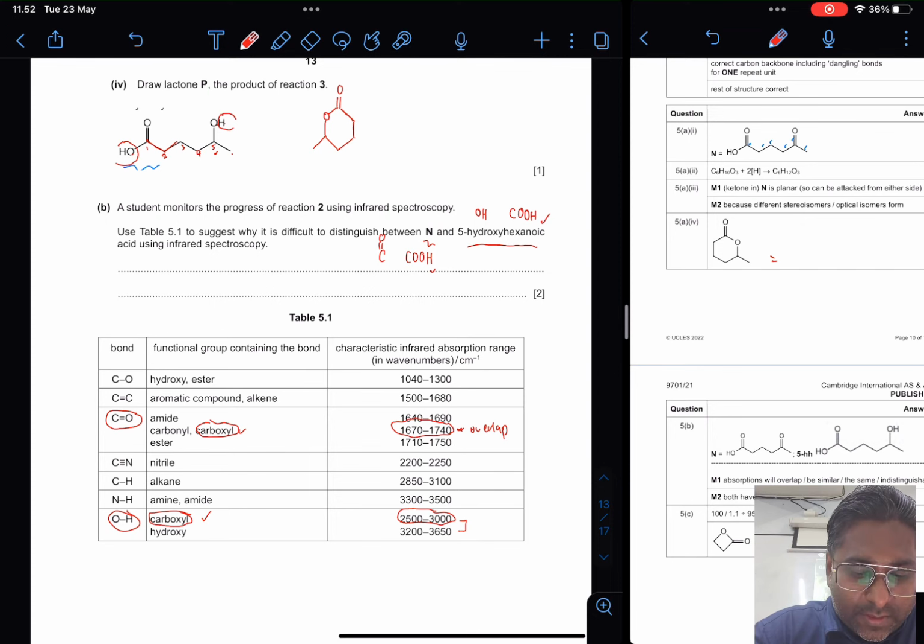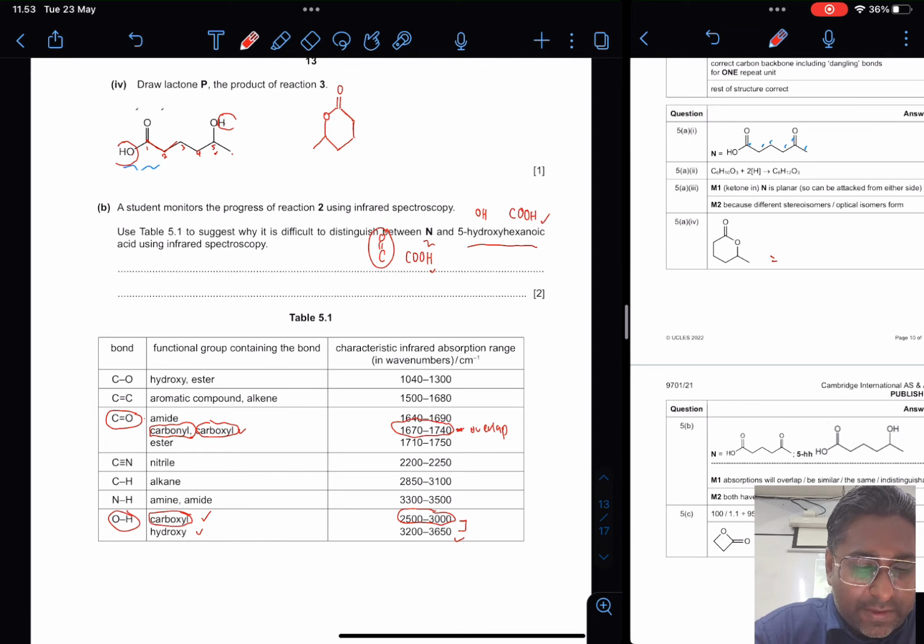The OH is happening here, at this part. And then for C double bond O, we can see that for ketone, it is going to overlap. The ketone is going to overlap with this.